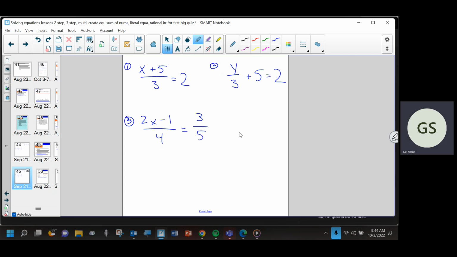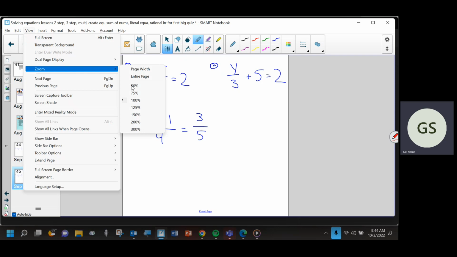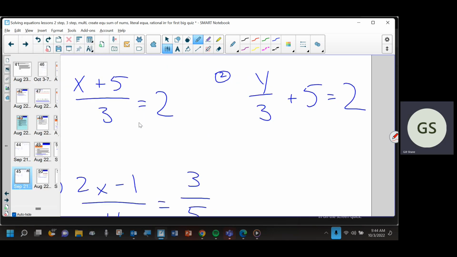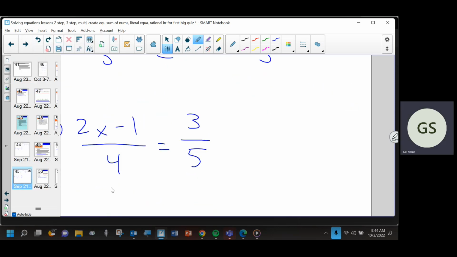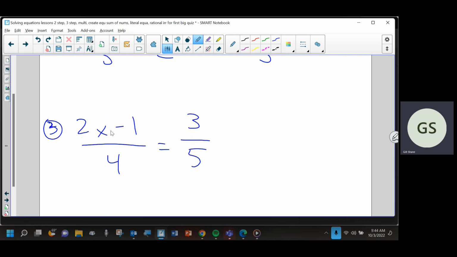The way we know something is a proportion is that we have two fractions on both sides of the equal sign. So you can see here, and I'm going to kind of zoom in on the screen real quick, for problem number 3, everything on the left side of the equation is either above or below the fraction line. So that 2x subtract 1 is above the fraction line. The 4 is below.